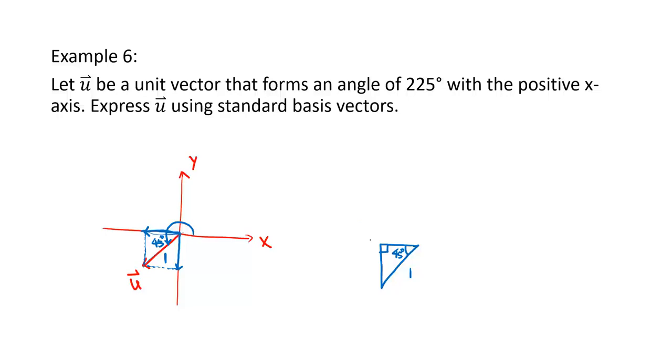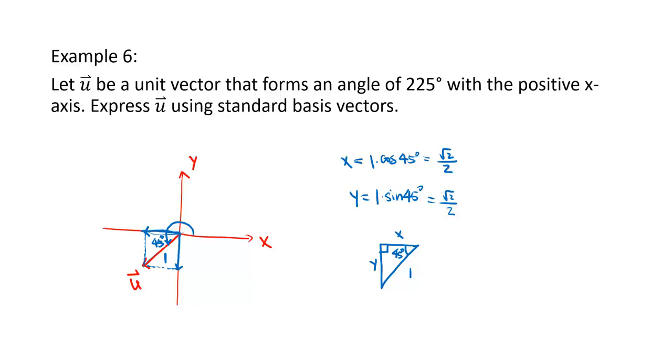Then I should be able to find these two sides easily, right? My x would be 1 times cosine 45 degrees, and cosine 45 degrees is square root of 2 over 2. Right, my y again would be 1 times sine 45 degrees, because that's the opposite side, and sine 45 degrees again is square root of 2 over 2. Right, so that's my answer in the right triangle.